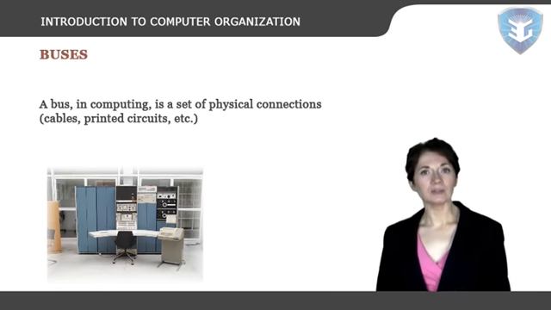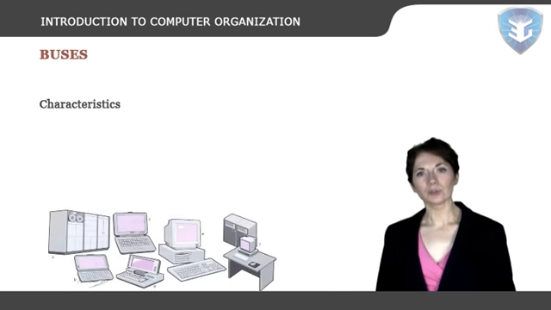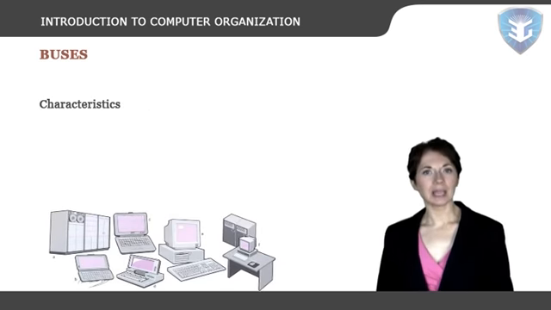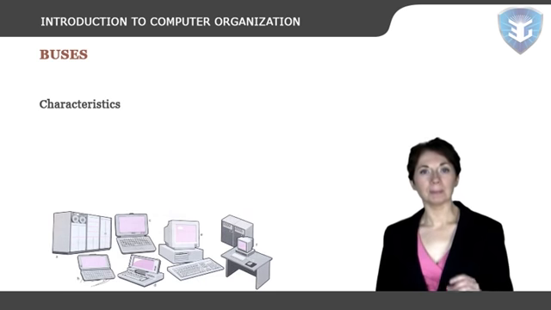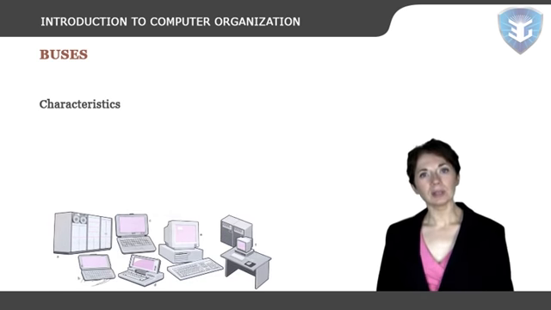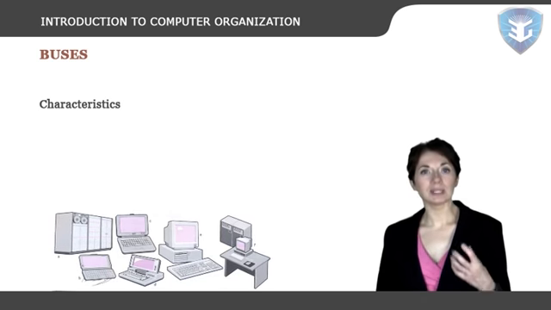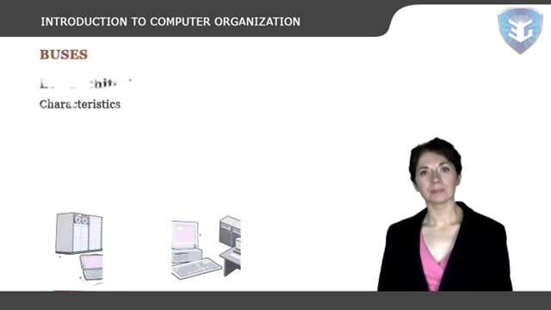This is why the metaphor of a data highway is sometimes used. Characteristics. A bus is characterized by the amount of information that can be transmitted at once. This amount, expressed in bits, corresponds to the number of physical lines over which data is sent simultaneously.